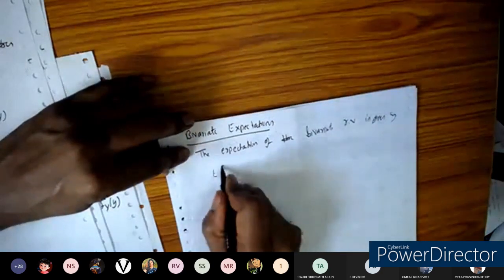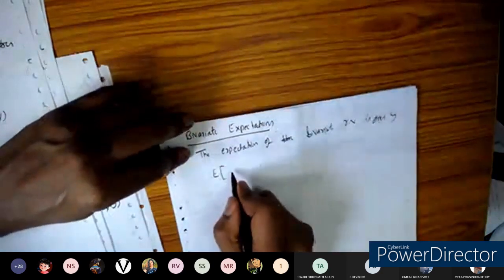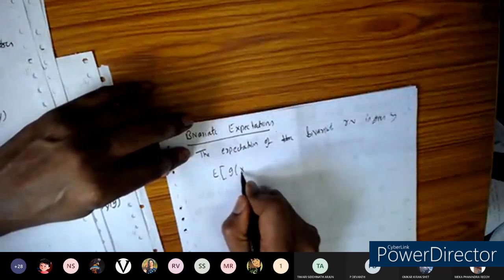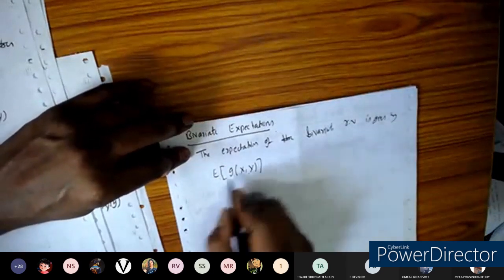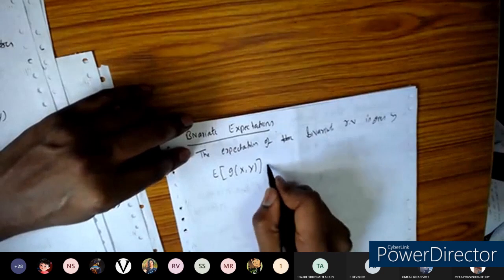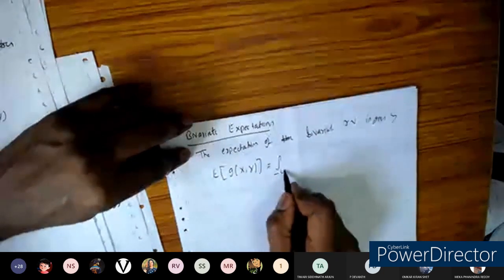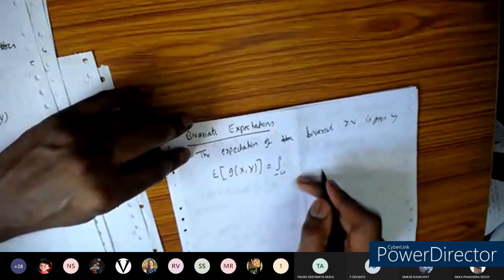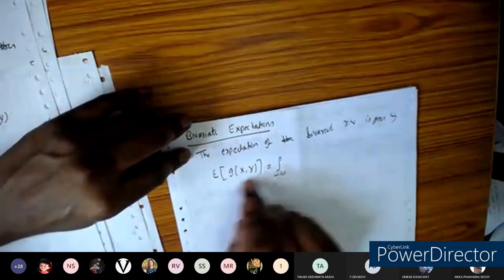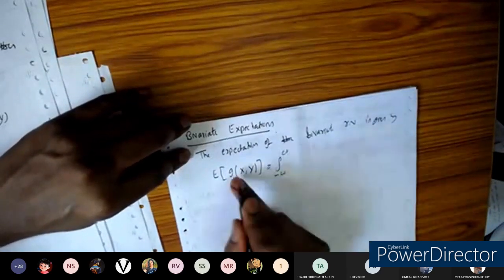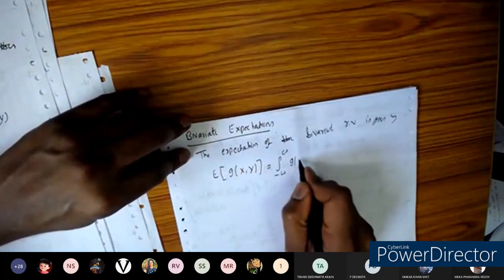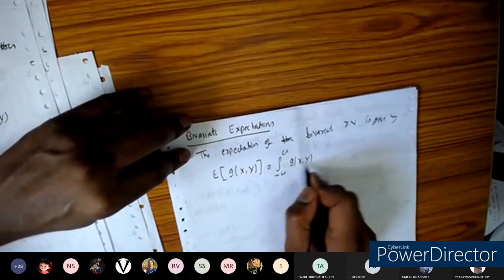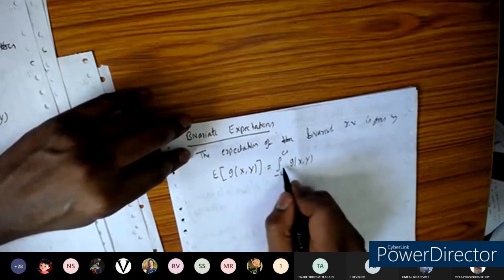We can apply the expectation even for this bivariate random variable. I'm going to consider this as a function of two random variables. So the expectation of g of x comma y. You know expectation is nothing but the integral of x times fx of x into dx. Since two random variables are there, I can take this as g of x, y. So I'm going to consider g as a function of two random variables here.